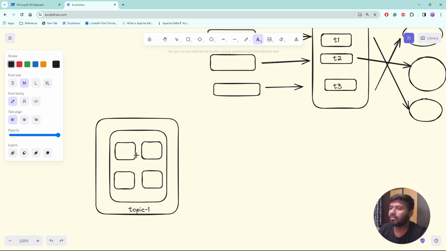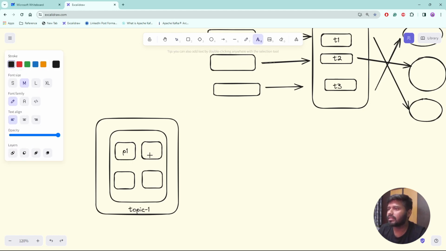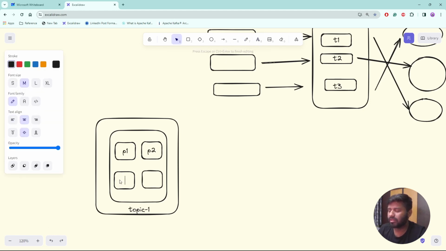For our understanding, let's say this is P1, partition number 1. This can be P2, this is P3, and finally this is P4.